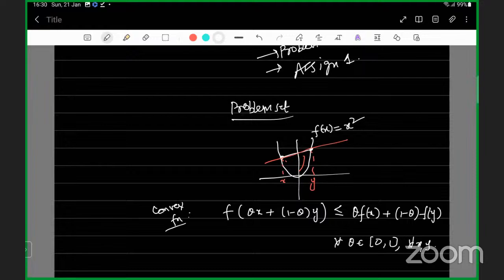Am I writing it correct? Anyway, all that I want you to remember is there is this concept called convex function, which might be required to solve your problem set.